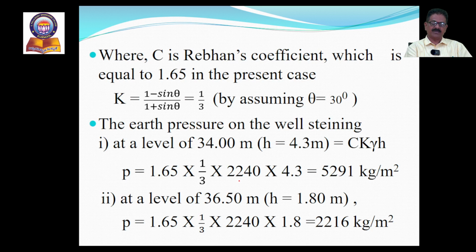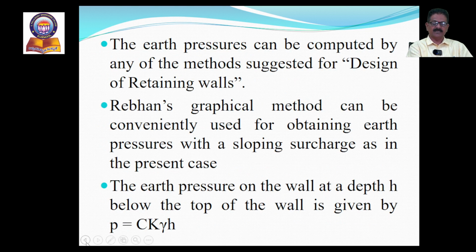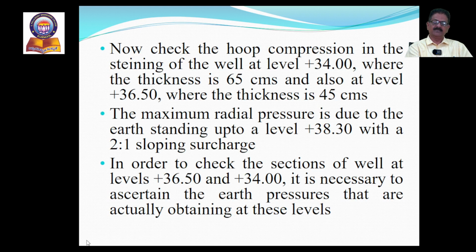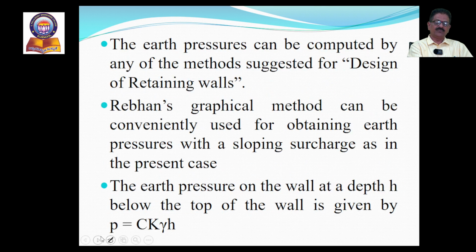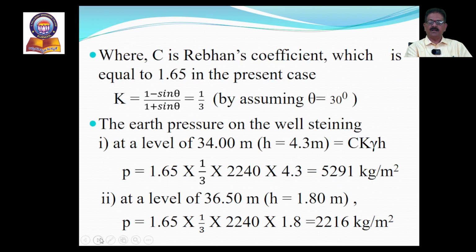In the equation it is gamma, the unit weight or weight density of saturated earth. So that is 2240 in the present case, and H is 4.3. Accordingly, you will get the earth pressure at the level of 34 meters as 5291 kg per meter square. This is the intensity of the lateral earth pressure acting at the bottom of the well.